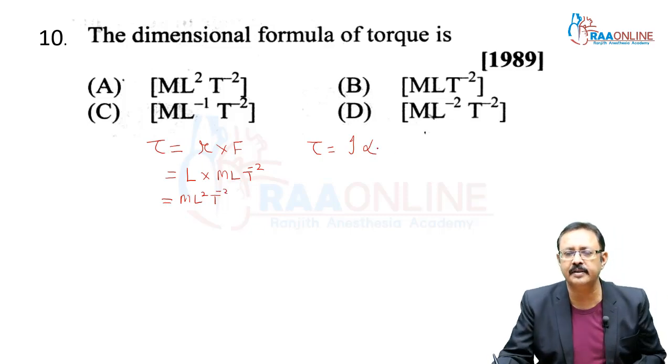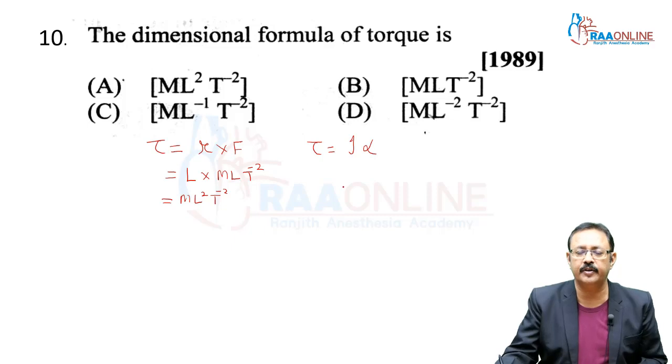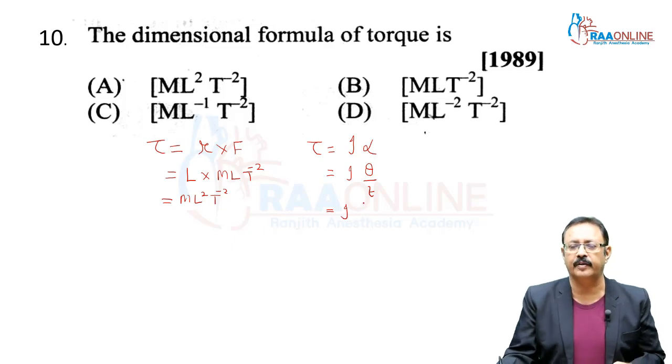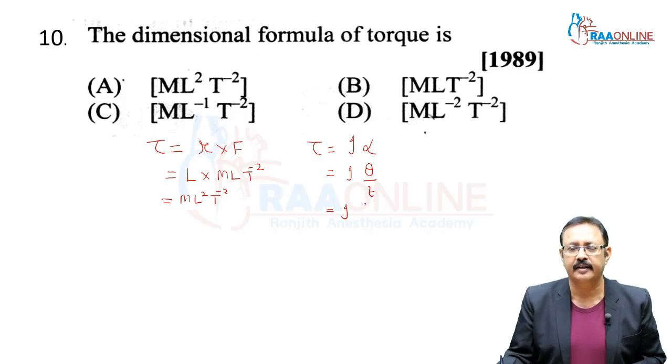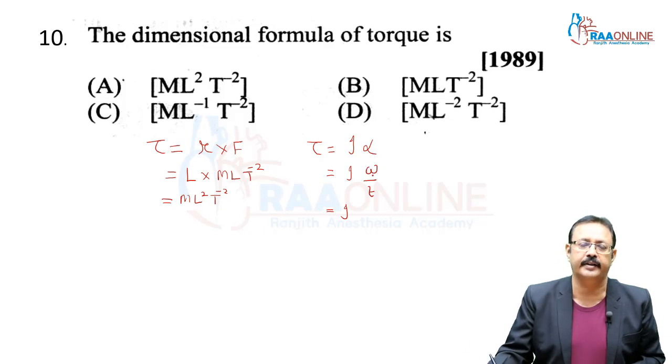Angular acceleration means rate of change of angular displacement, angular displacement upon time. What is angular displacement? Angle is arc upon radius. Alpha means angular acceleration, rate of change of angular velocity, omega upon t.